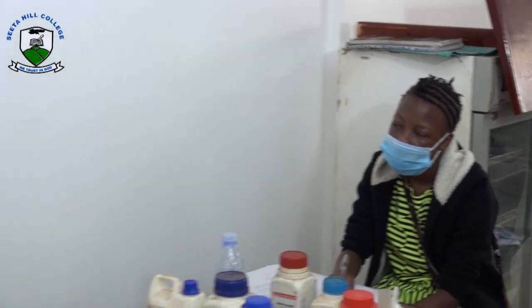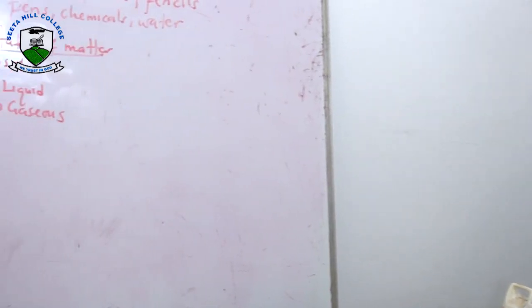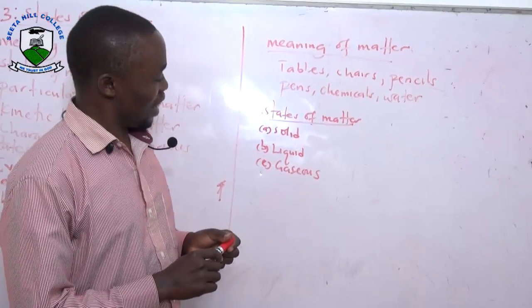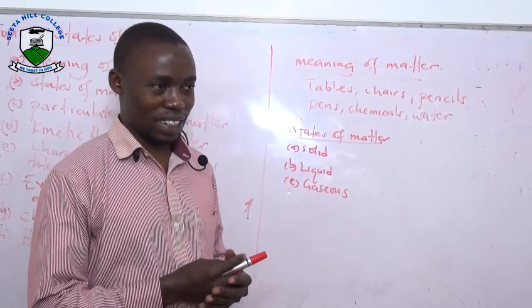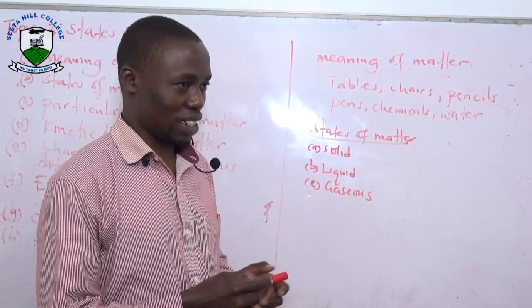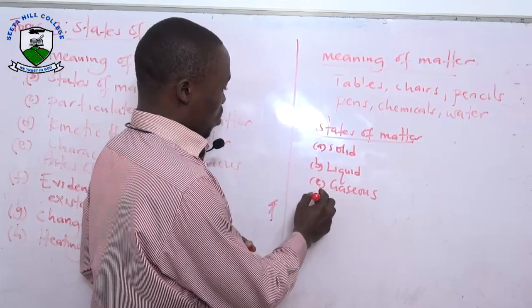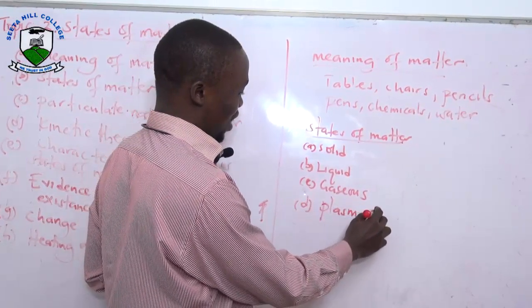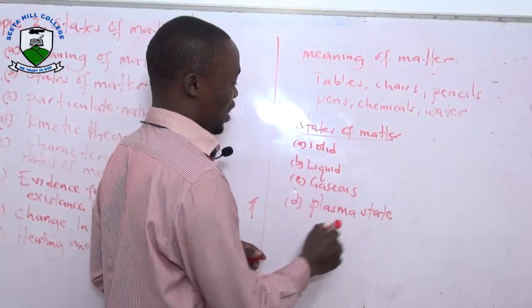We have the solid state, liquid state, gaseous state, or gas, not so? That's pretty good. Thank you very much. That means matter is basically and commonly 3 states. Clear? 3 states. But scientists have the 4th state of matter, which is called the plasma state.